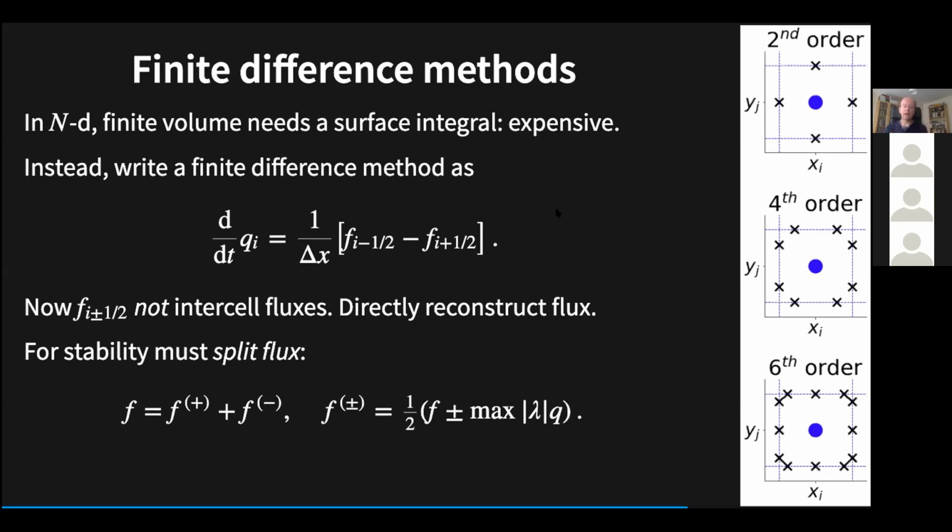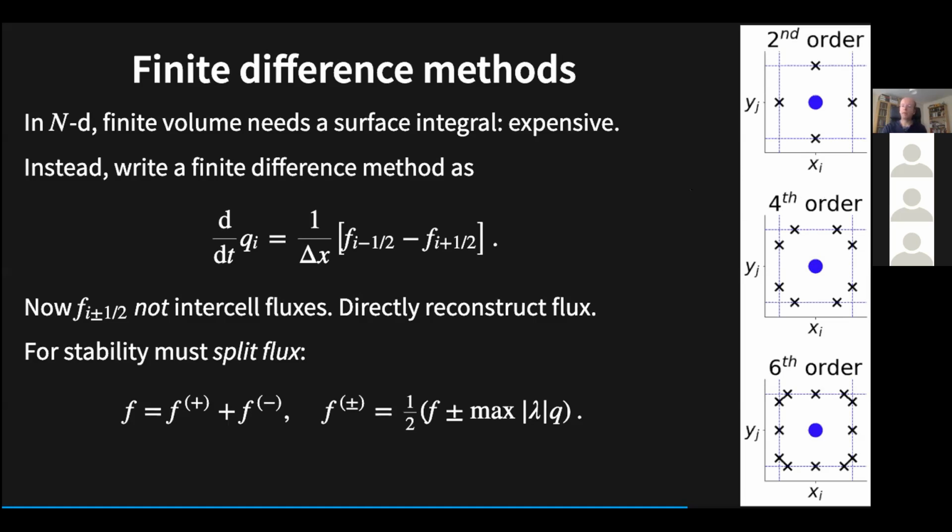However, if our function varies in high dimensions, then the intercell faces become one or two dimensional. The solution is going to vary over those faces. So therefore the flux is going to vary over those faces. So the surface integral over those faces needs to be approximated.